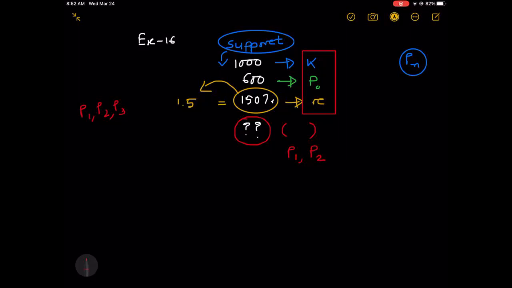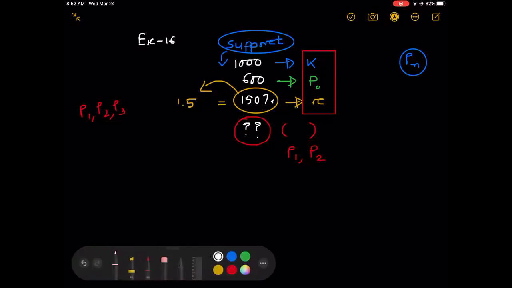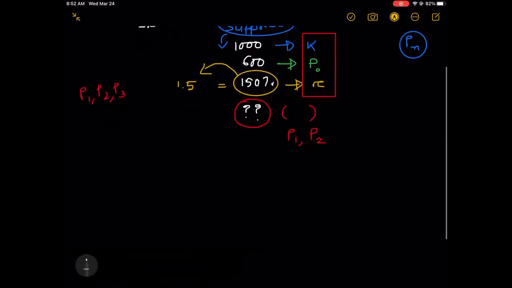All right, so now we know that we want to use the logistic model, and the formula for the logistic model is this.